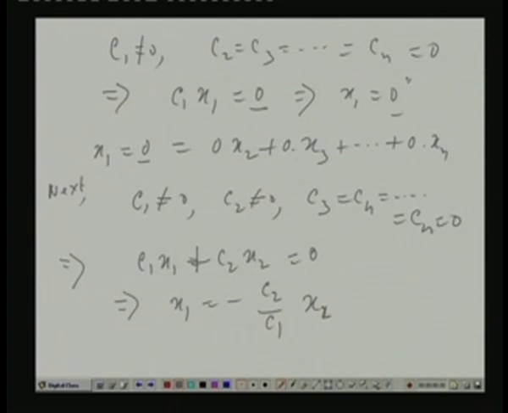Which means, if you cannot get non-zero solutions for C1 to Cn, that means the set cannot be dependent, which means the set is linearly independent if the only solution is C1 equal to 0, C2 equal to 0, Cn equal to 0. The moment that is violated, a linear relation will emerge.